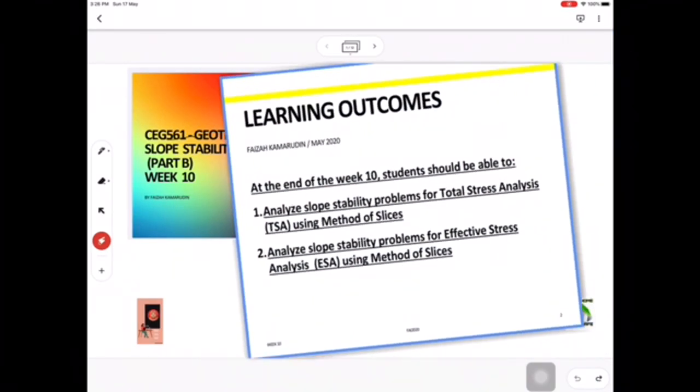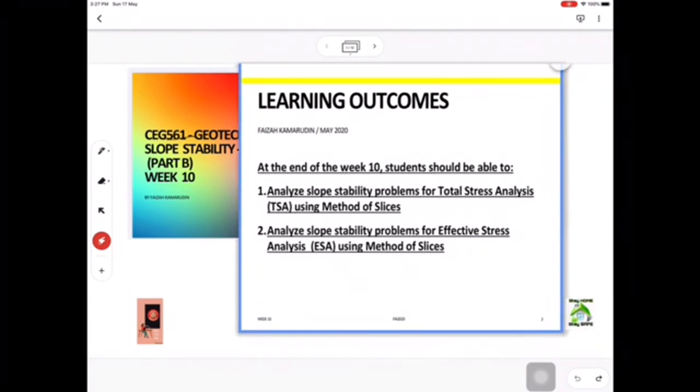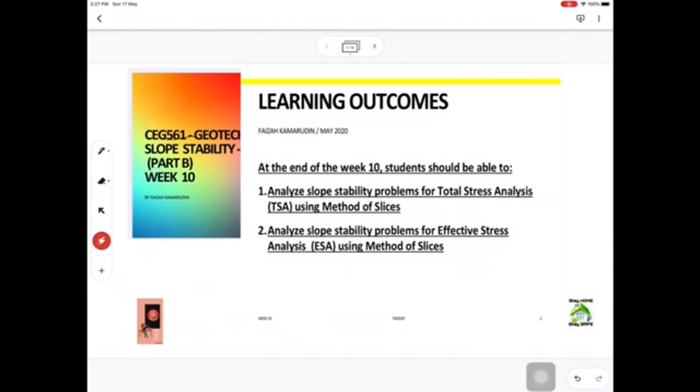At the end of this week 10, students should be able to analyze stability problems for total stress analysis, which means undrained, and effective stress analysis for drained conditions. For both we are using the method of slices.